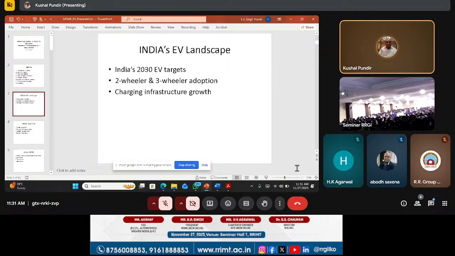The government aims for 30% of new vehicle sales to be electric by 2030. To achieve this, India needs new battery makers, charging solutions, power electronics, lightweight materials, and service providers. This is not just an industry, it is a movement, and MSME will play the largest role in the growth.